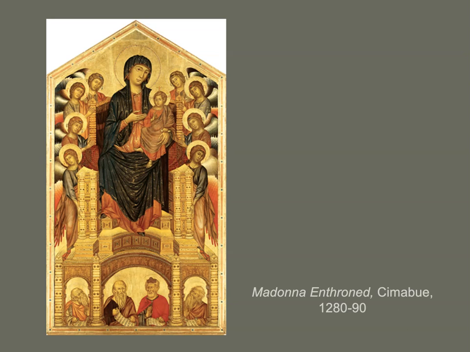As in this one, called Madonna Enthroned by Cimabue from 1280 to 90. We're looking at an image here of Mary with her son in the center. So Christ is seated on Mary's lap. Her hand is in a gesture pointing at Christ.